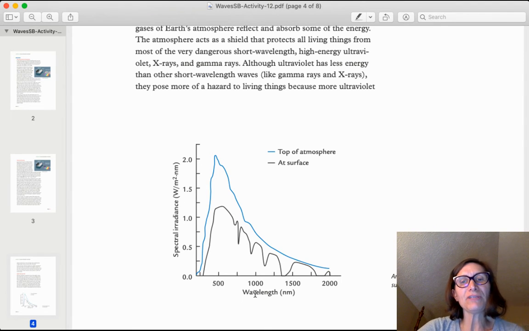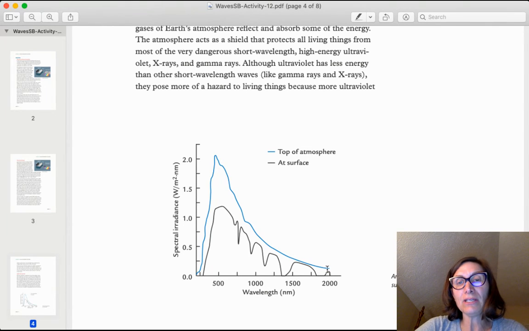And then these are the different wavelengths of light. 500 is a short wavelength, high frequency. Those short wavelengths at the top of the atmosphere are almost double the energy. So Earth's atmosphere is protecting those shorter wavelengths from getting to us on the Earth's surface.